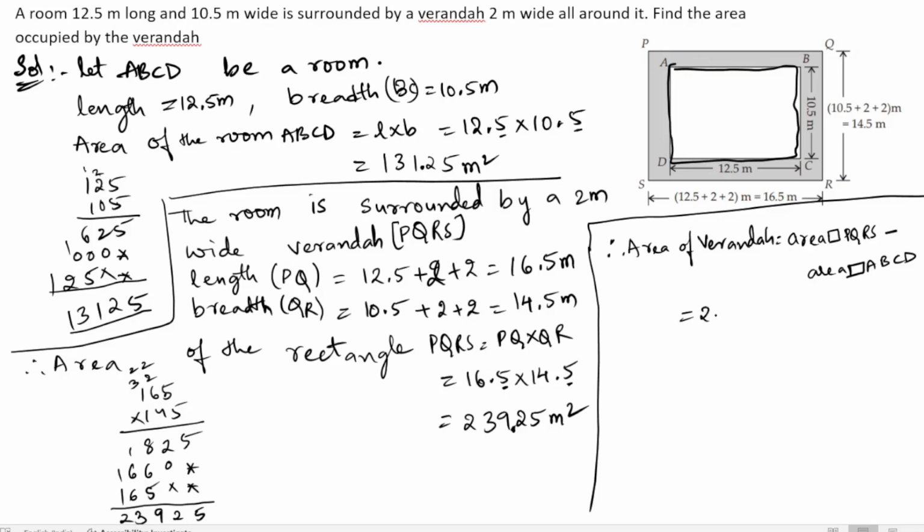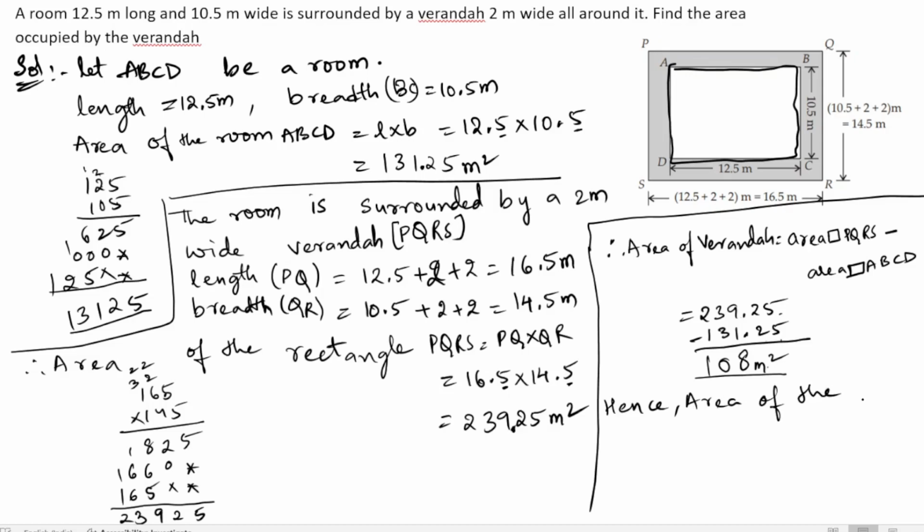The bigger rectangle is 239.25, and we subtract 131.25 from it. 5 minus 5 is 0, 2 minus 2 is 0, no need of writing that because they are after the decimal. 9 minus 1 is 8, 3 minus 3 is 0, 2 minus 1 is 1. So 108 square meters.